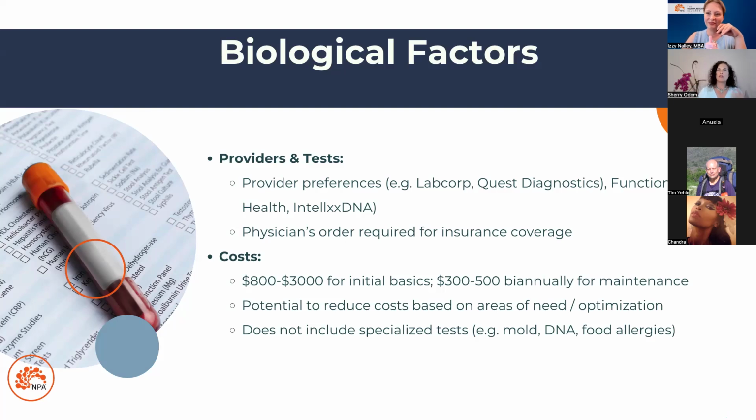So when you think about what tests you need, think not only about the base levels that are recommended, but what in your personal experience from a hereditary standpoint or from an environmental standpoint needs to be factored into that, which can cause the cost and the initial level of testing to go up.